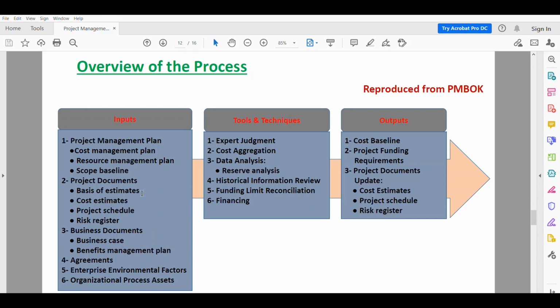Cost estimates are aggregated by work package in accordance with the work breakdown structure. The work package cost estimates are then aggregated for the higher component levels of the WBS, such as control account, and ultimately for the entire project.